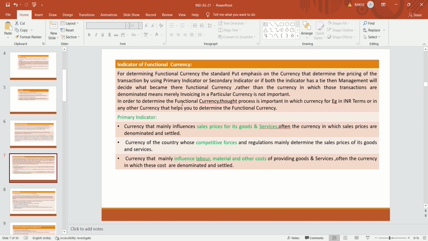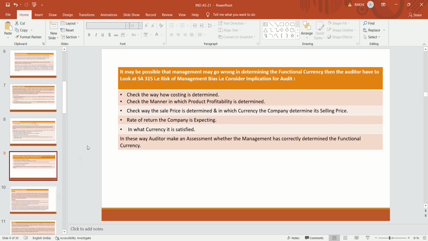There are indicators, the primary indicator and the secondary indicator. If those indicators do not help, then the management will take the decision, and the auditor will check whether the management has taken the proper decision, whether the management has selected the proper functional currency for its financial statements.